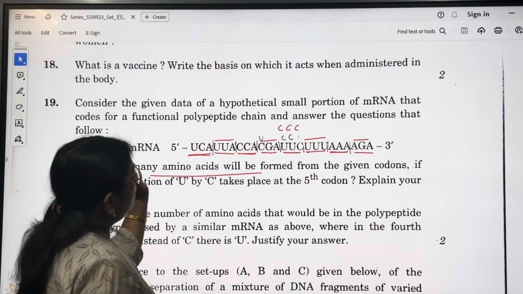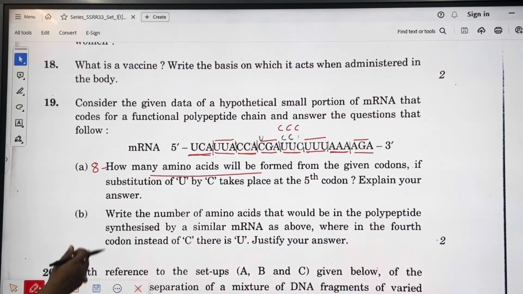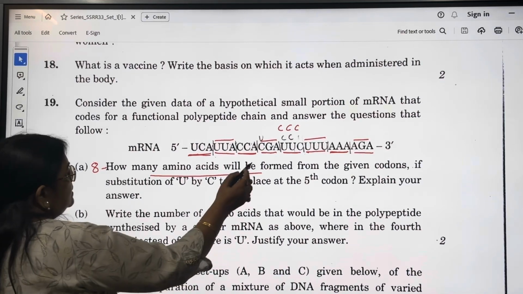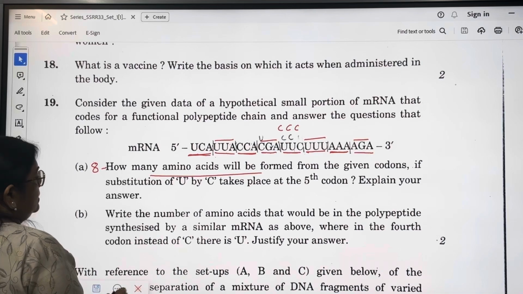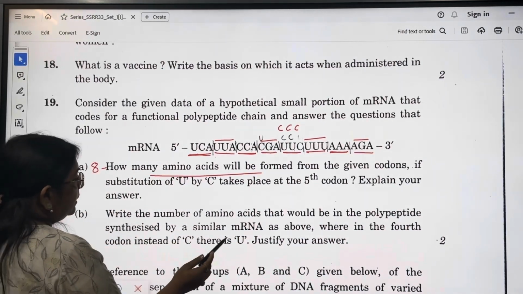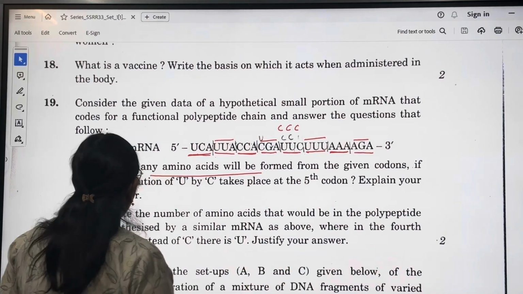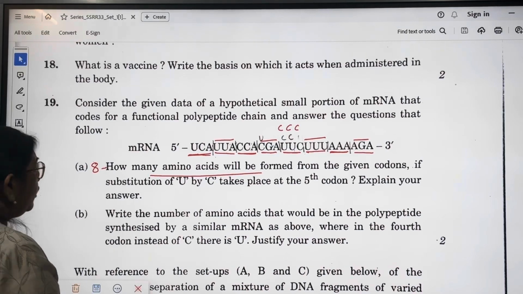Because there will be no termination of this process of translation. Because here CCC will code for some amino acid only. So 8 amino acids. Write the number of amino acids that would be in the polypeptide synthesized by a similar mRNA as above, where in the 4th codon, instead of C, there is U. 4th codon.